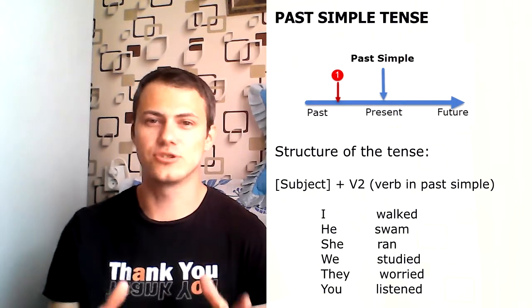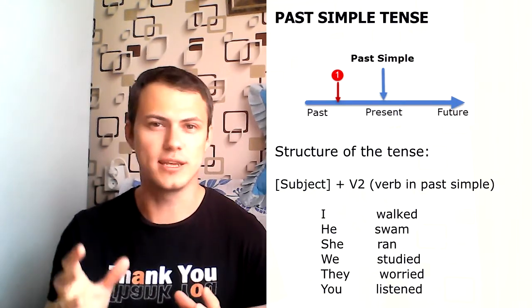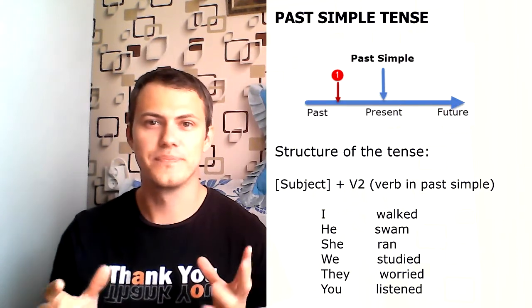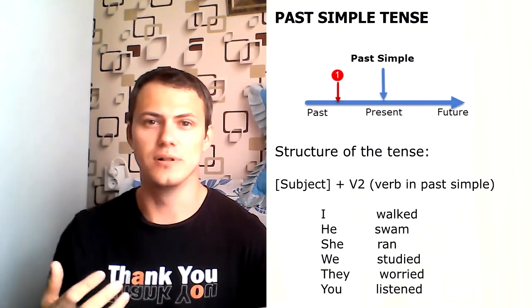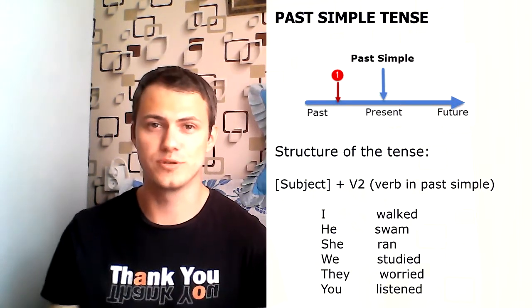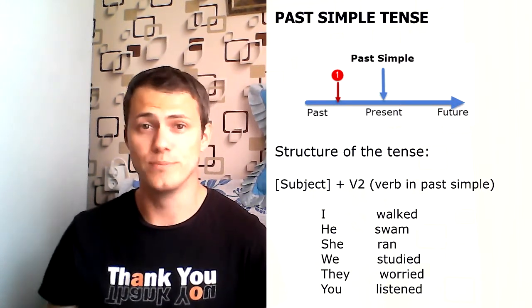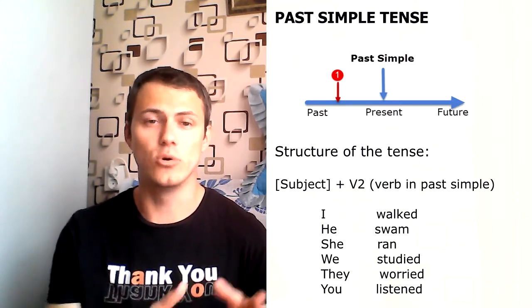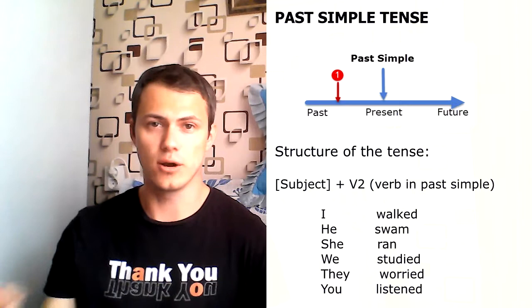The most interesting and kind of tricky thing for English learners is the past simple form of English verbs. Because, as you know, English verbs can be regular or irregular.